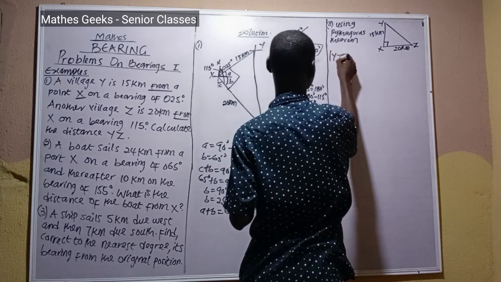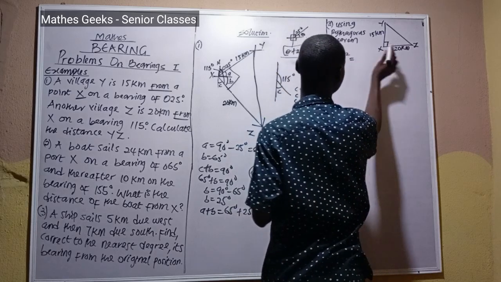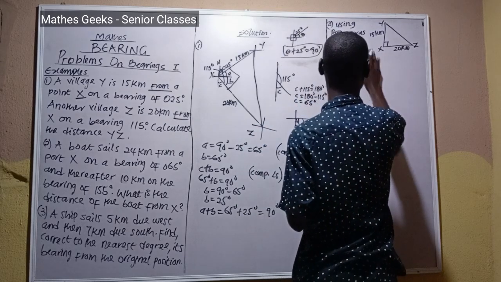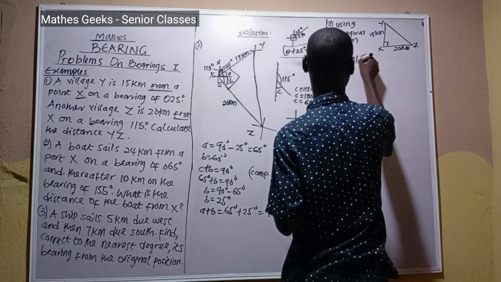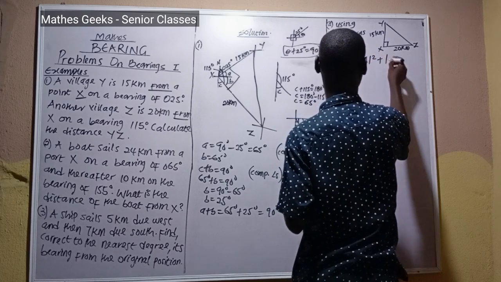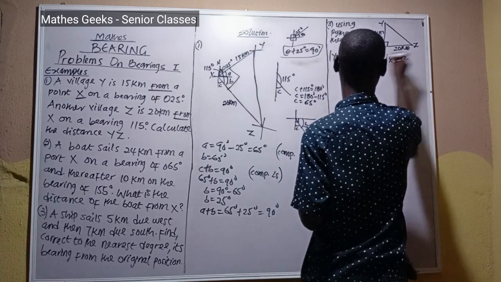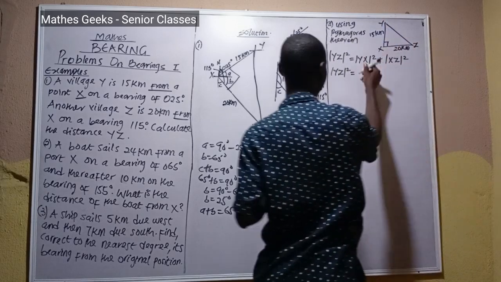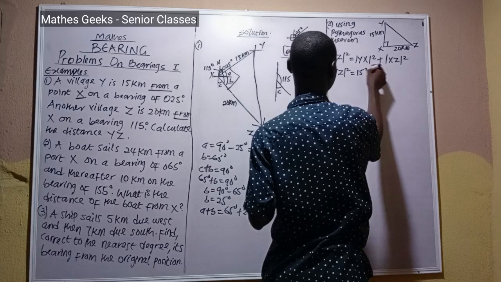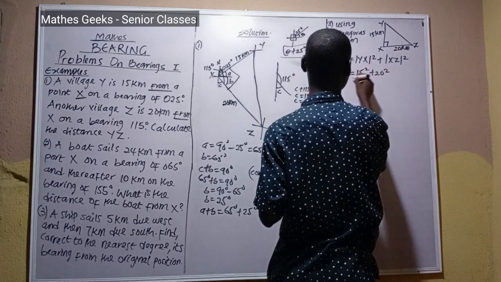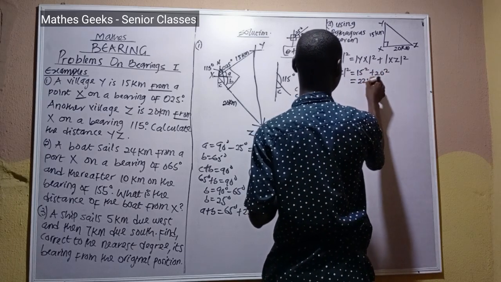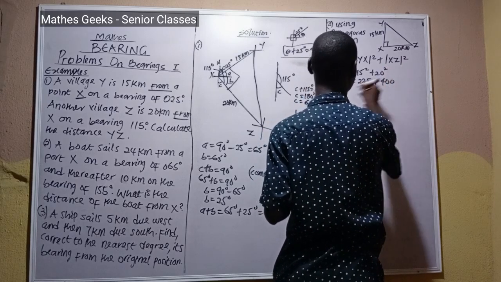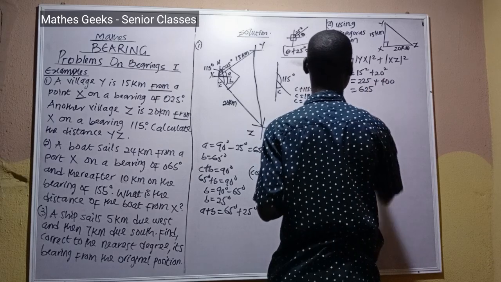line YZ squared is equal to line YX squared plus line XZ squared. So line YZ squared, which is this distance, is equal to 15 squared plus 20 squared. 15 squared is 225, plus 20 squared is 400, and altogether we have 625.